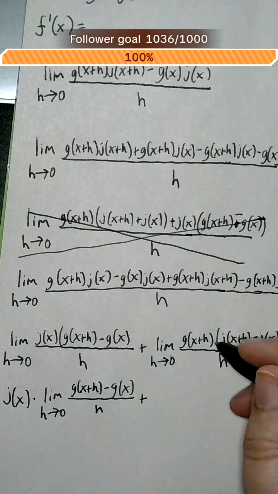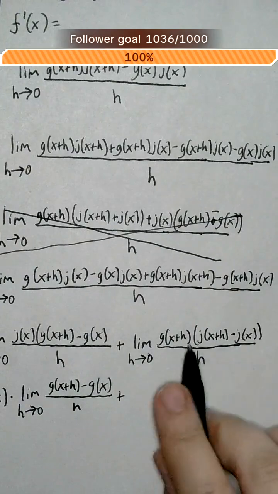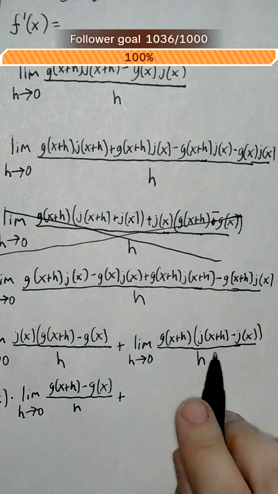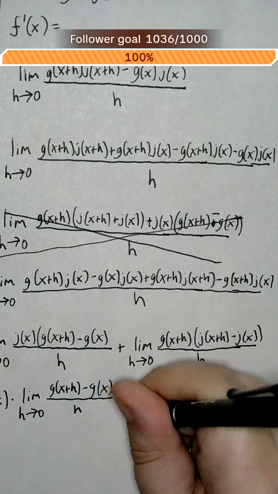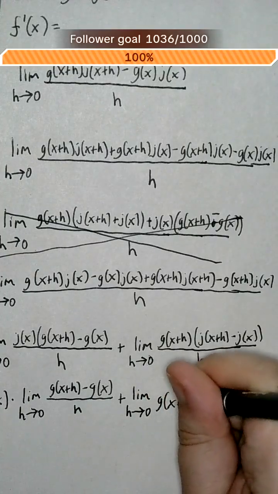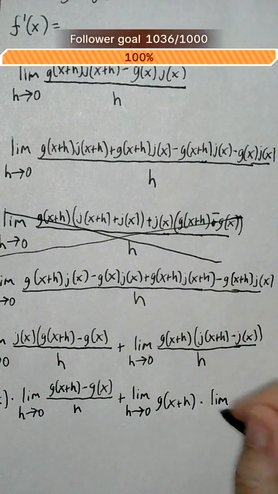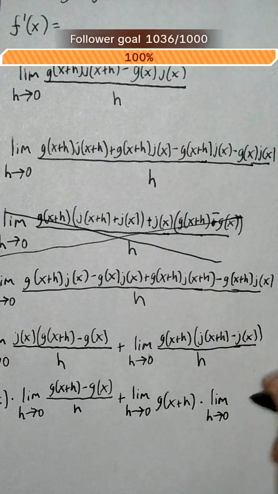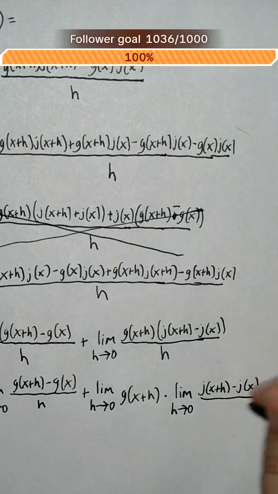Here again I can multiply these two, so this is the same as g of x plus h times j of x plus h minus j of x over h. So this is going to be the limit as h approaches 0 of g of x plus h times the limit as h approaches 0 of j of x plus h minus j of x all over h.